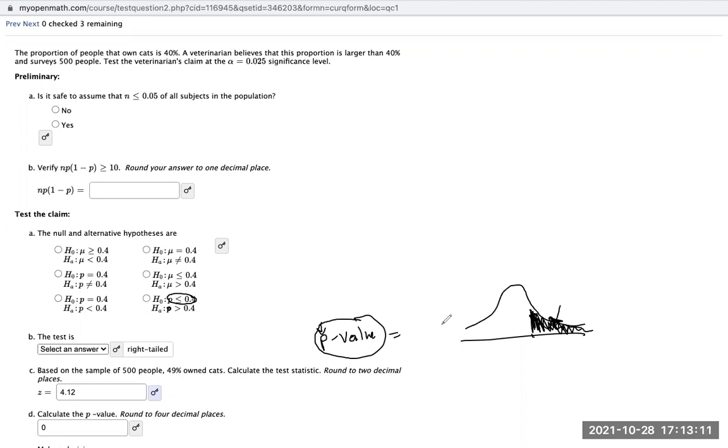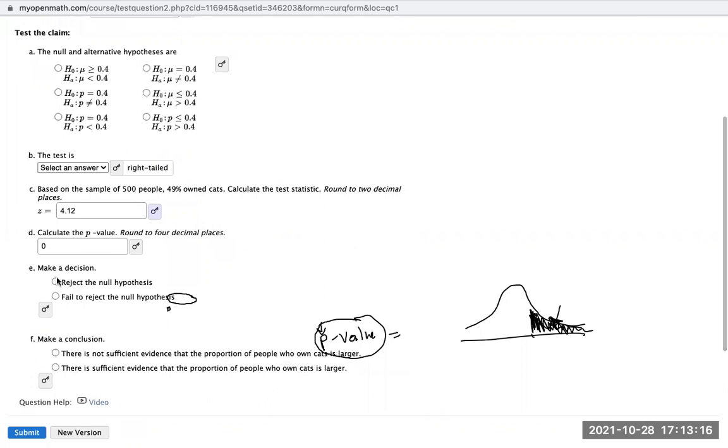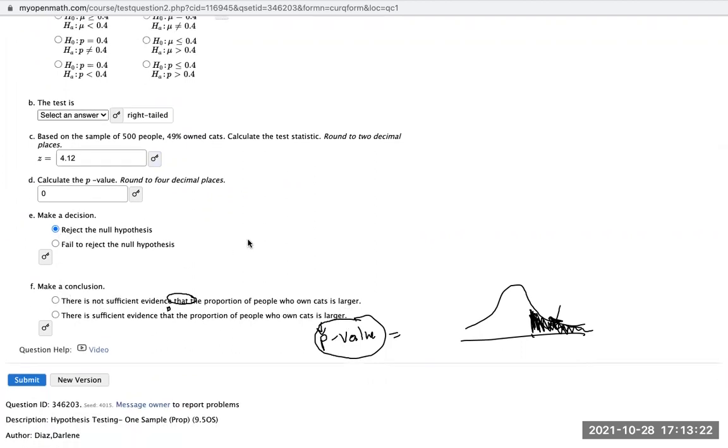Can you scroll down a little bit to see the... okay, so we say we reject the null hypothesis. Now what we always say in this final statement is, if we reject the null hypothesis, we say there is sufficient evidence, and then we just state whatever the alternative hypothesis is.